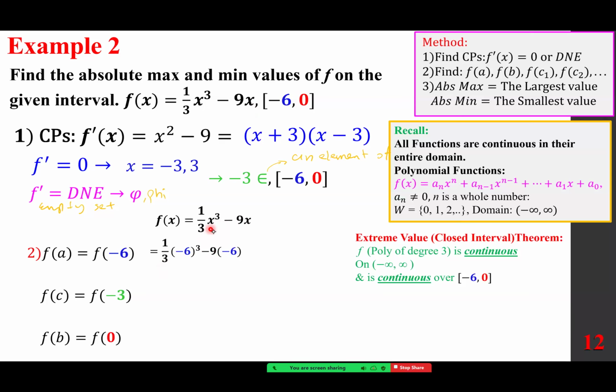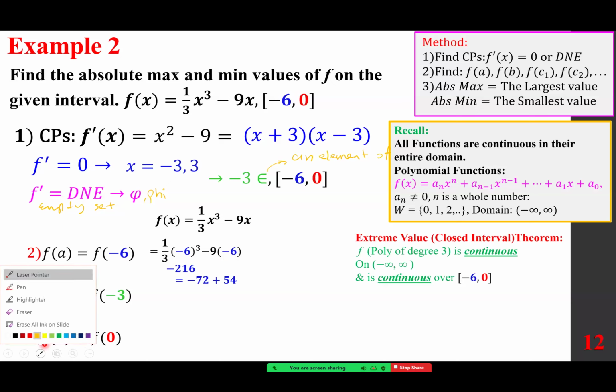And -6 cubed is -216, times 1/3 becomes -72. Negative times negative makes it +54. And the answer is -18. So I'm showing you a detailed solution for this.